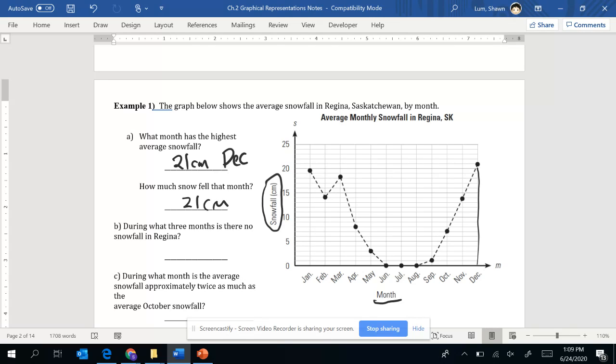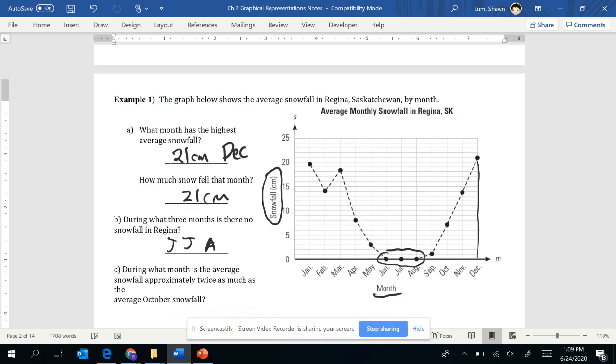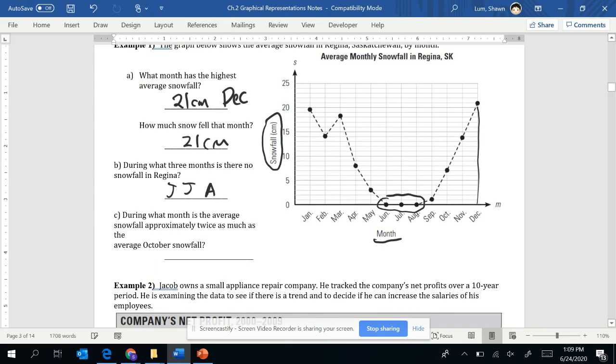During what 3 months is there no snowfall in Regina? These 3 right here, June, July, and August. During what month is the average snowfall approximately twice as much as the average October snowfall? So we're going to look up where October snowfall is. And it's right there.